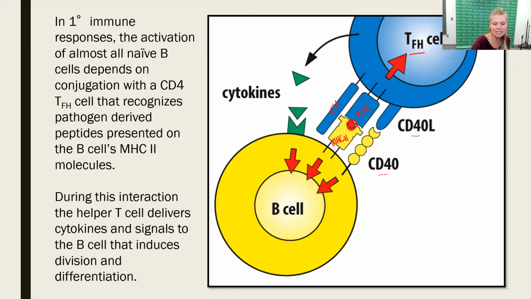So all of these signals then will allow the T follicular helper cell to start secreting cytokines, which we're probably looking at like IL-5 or maybe IL-21, maybe IL-4, depending on what type of infection we're looking at. But maybe IL-21 is probably the better one. But these are all going to send signals to the B cell to become activated, to proliferate, and then eventually to differentiate.